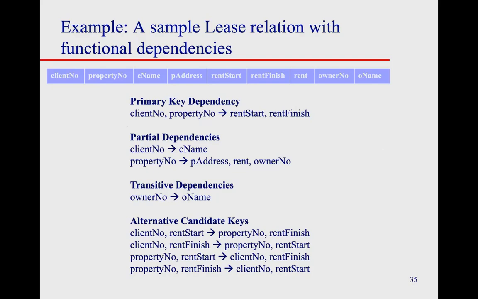Like if we're asked to identify alternate candidate keys, is that a general thing? Just identify the primary key, identify full dependencies, and then just look at those attributes to identify alternate candidate keys? That's a great question.